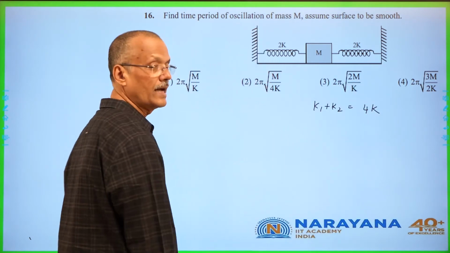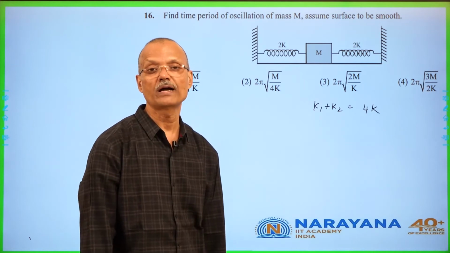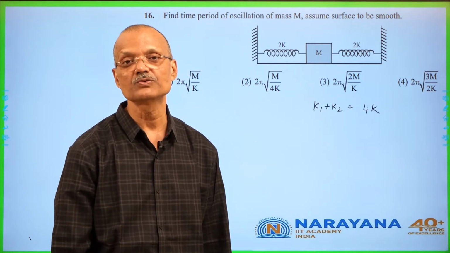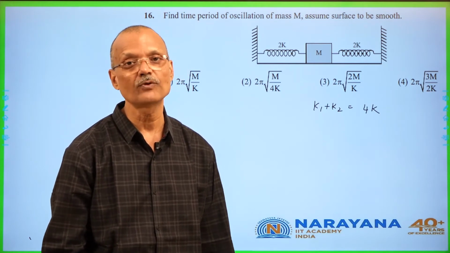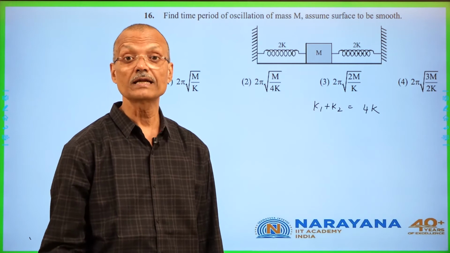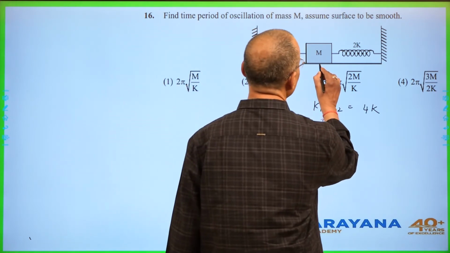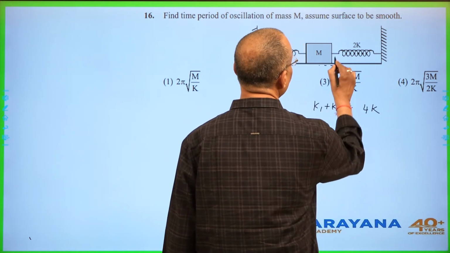Clear to you? Time period is T equal to 2 pi under root M by K equivalent. K equivalent is 2K plus 2K, 4K, 2 pi under root M by 4K. Answer. If you will tell, no sir, from basics we want to learn, no problem.